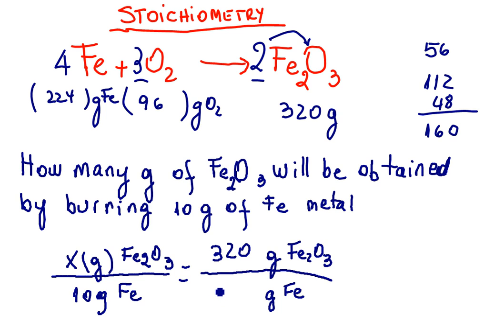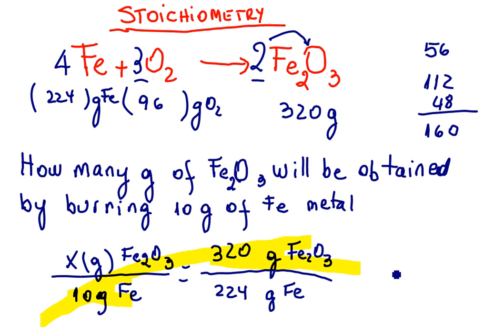And grams of iron are 224 grams. Okay? So now the only thing that we need to do is, as always, take this and multiply, and do you remember that we said that whoever is in this diagonal is multiplying, and we divide by 224, and we are going to have the value.